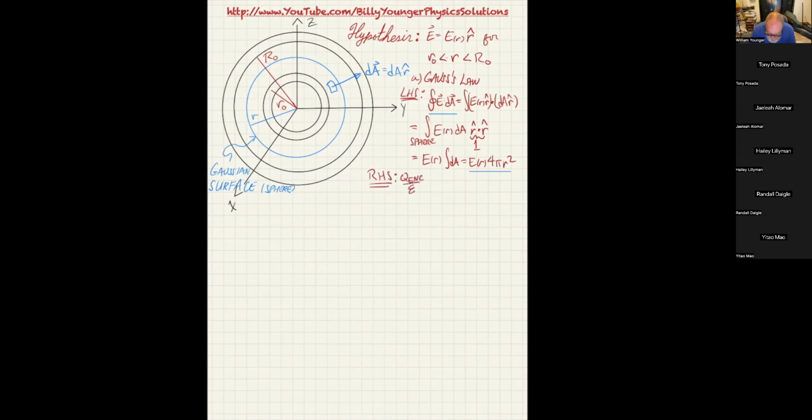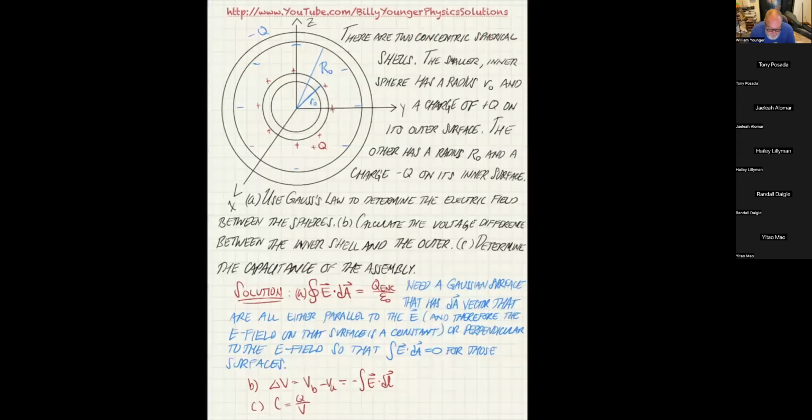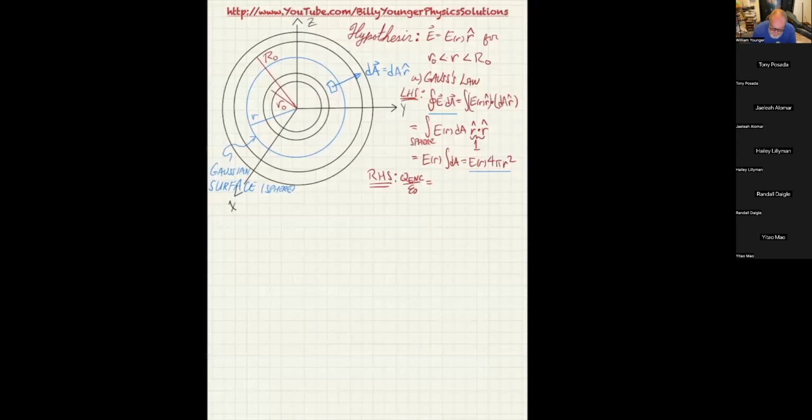The right-hand side is very easy to determine here because, as I said in the previous diagram, the net charge on the outside surface of the inner spherical shell is positive Q. So all I have here is Q over epsilon naught. Now I can set the left-hand side equal to the right-hand side of Gauss's law.